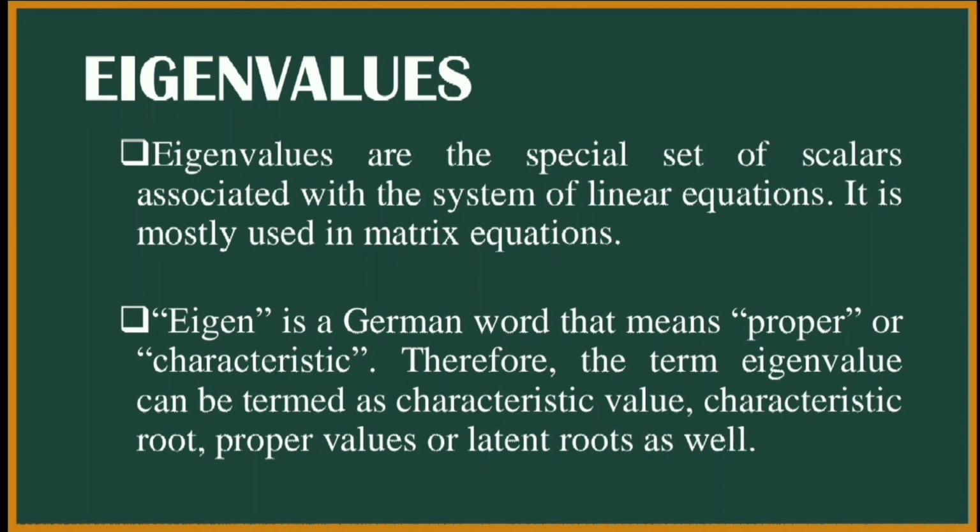So let's define what is eigenvalues. Eigenvalues are the special set of scalars associated with a system of linear equations. It is mostly used in matrix equations. Eigen is a German word that means proper or characteristic. Therefore, the term eigenvalue can be termed as characteristic value, characteristic root, proper values, or latent roots as well.